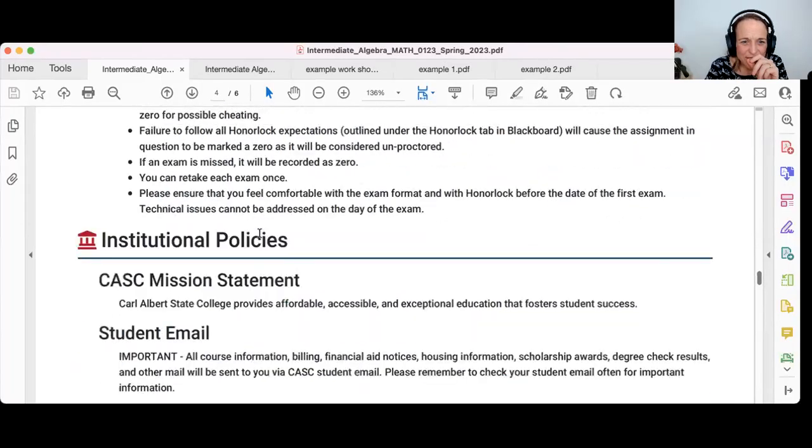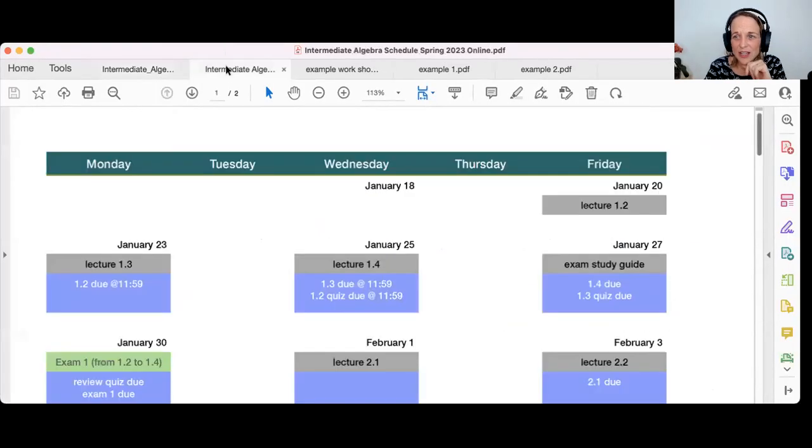All right, let's talk about our schedule. The rest of the syllabus is what all of your syllabi have. Here is an example of how the schedule is going to work. This is just a suggestion because you don't have a schedule except for your due dates. Today, Wednesday, you are already signed up for this class.